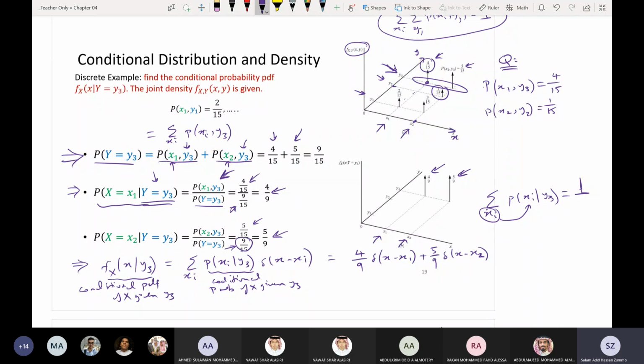So the area under the curve of a PDF, f of x given y dx, is a function of x, and I integrate over all x. This gives me 1.